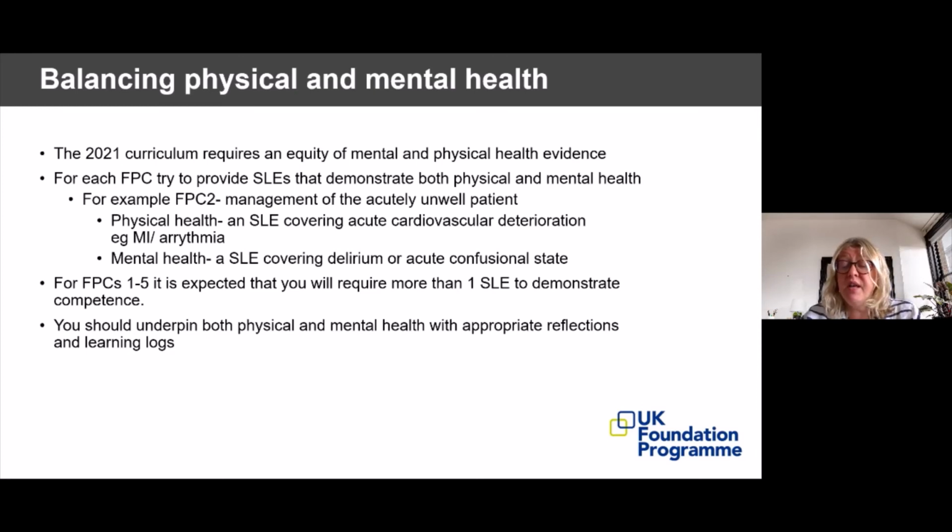For mental health, an SLE covering delirium or an acute confusional state. For each FPCs 1 to 5, it's expected that you will require more than one SLE to demonstrate competence. You should underpin both physical and mental health with appropriate reflections and learning logs.